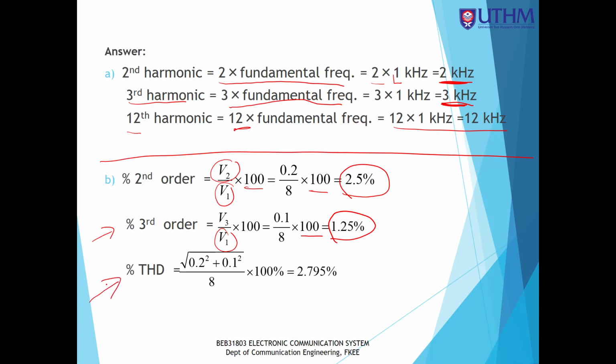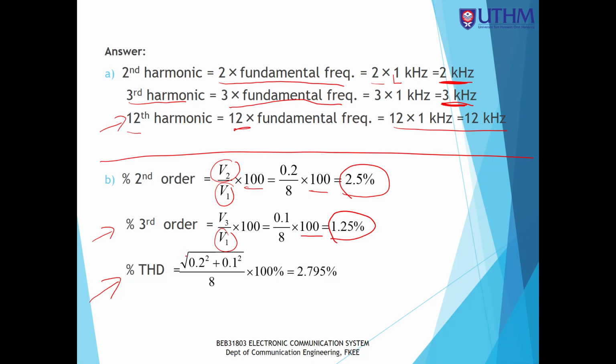Total harmonic distortion. This question asks for total harmonic distortion up to the third harmonic. So don't confuse with the first question. The first question was just asking about 12. For the second question, it only wants you to calculate up to third order harmonics. Soalan yang ini dia cuma tanya sehingga third order. How much is the total harmonic distortion up to the third order?